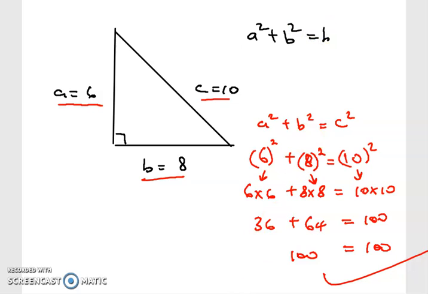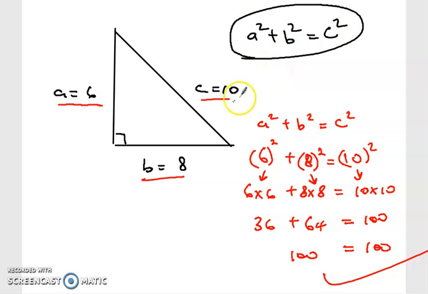A square plus B square equals C square. Please watch the different procedures and see how this theorem is proven. All this is saying is, if you take the 6 for A, square it, and add it to the square of B, which is 8 square, it will equal the square of C, which is 10 square.